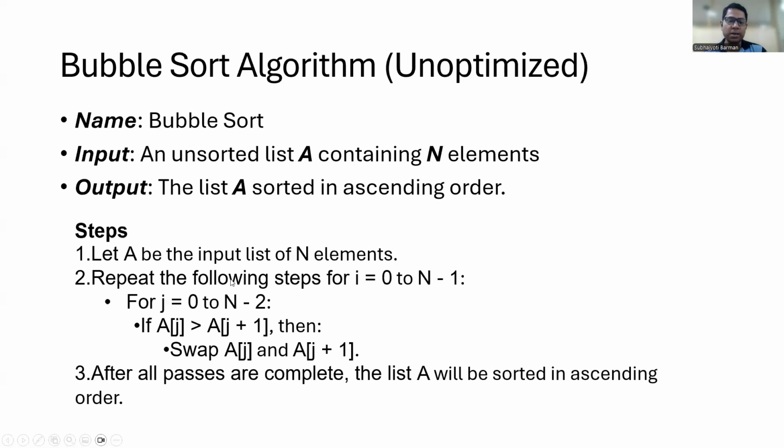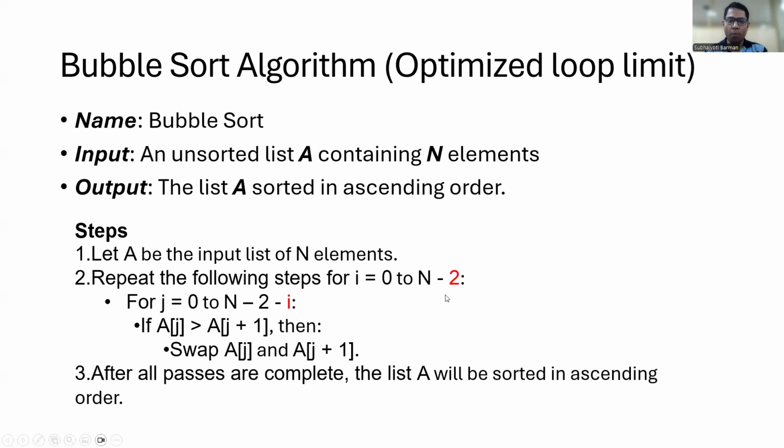But in the next iteration, is it required to compare the element present at my n minus 1th index? No. So in that case, we can reach up to n minus 3. Next time, we can reach up to n minus 4. So basically, we can shrink the limit of the inner for loop. These two optimizations are possible within my algorithm.